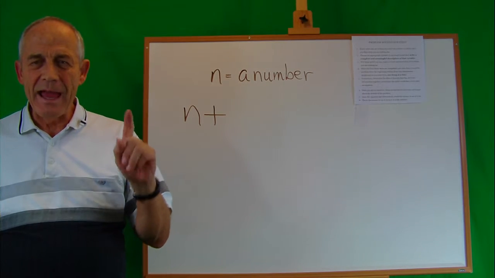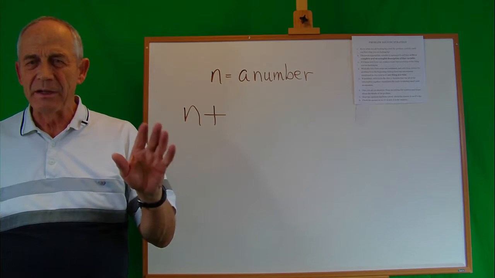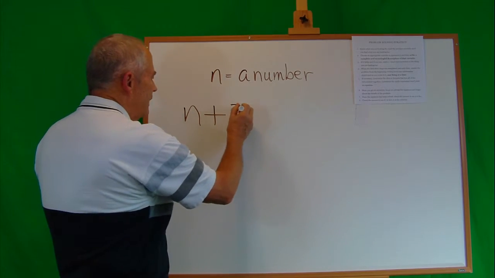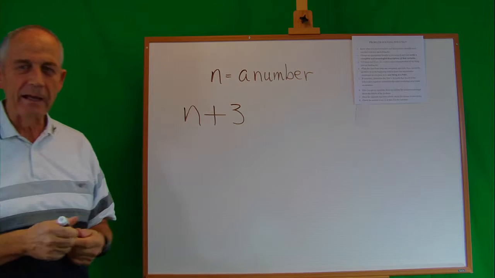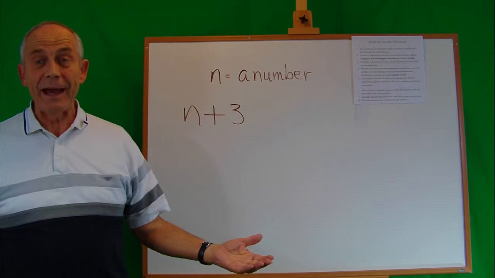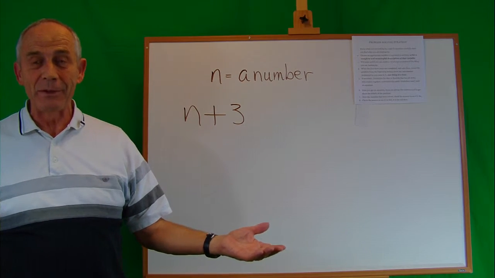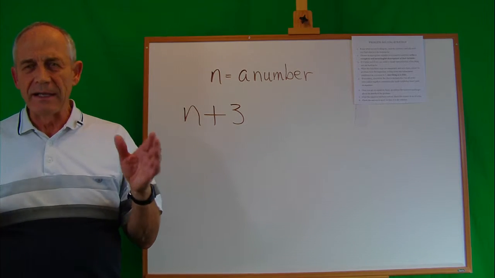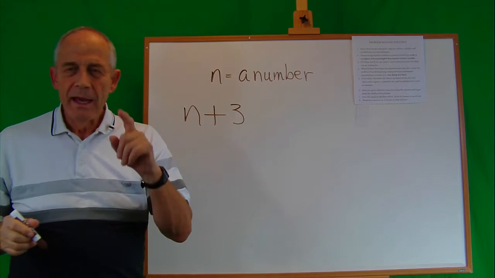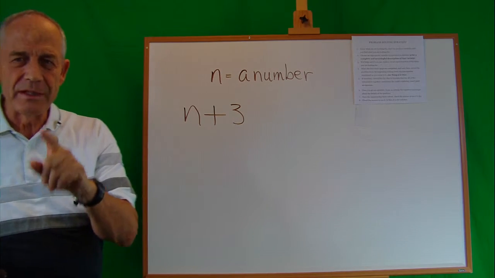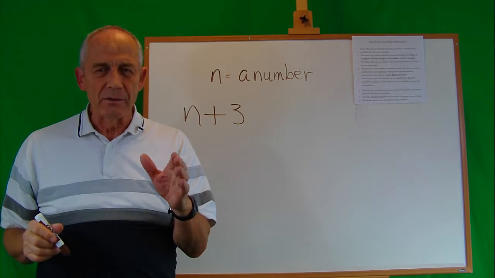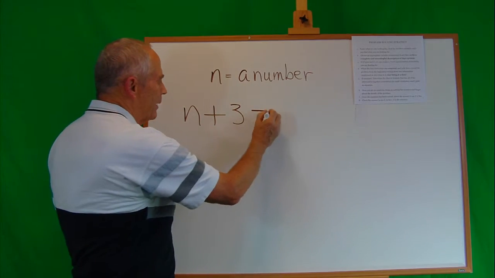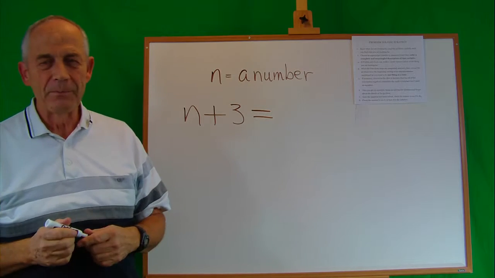The sum of a number and 3. Now you take a look at that and see if your brain can say, oh yeah, that says a sum of a number and 3. Well, if I'm just looking at one thing at a time, I can get that. The next word I come to is "is," and I need to know, when I hear that word, that's where I write the equal sign.